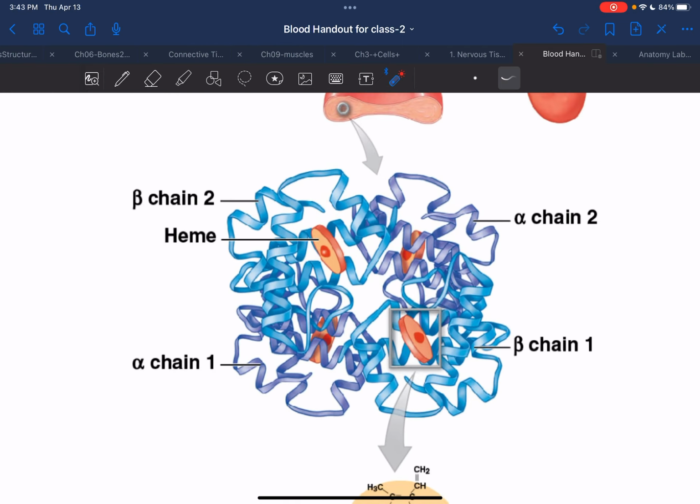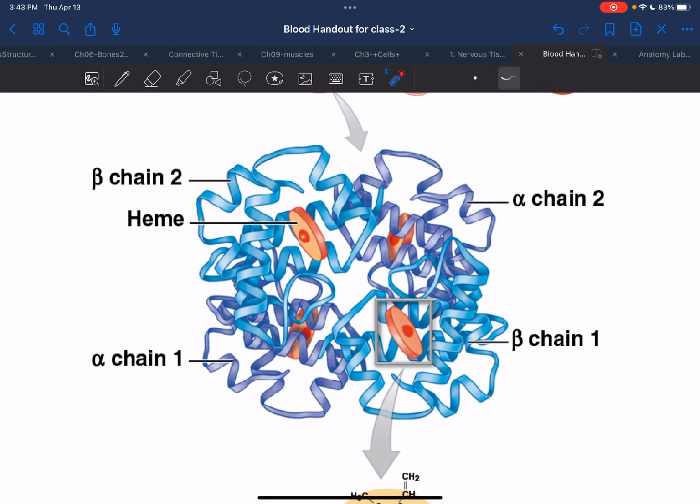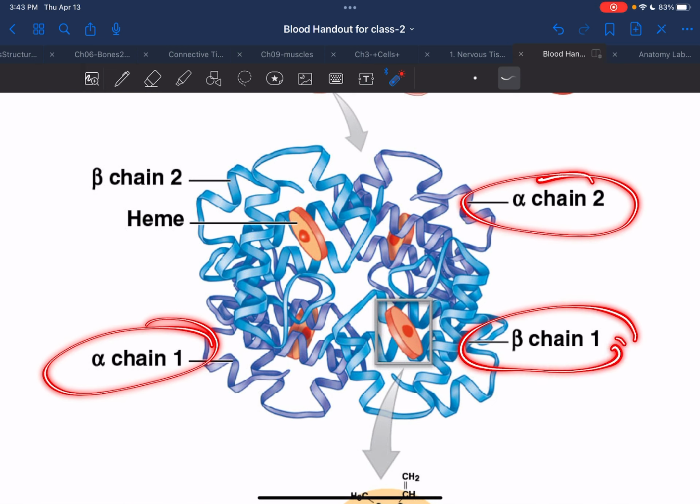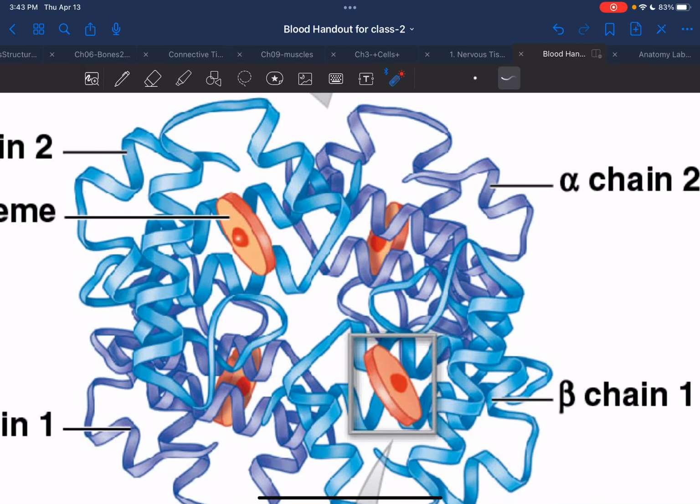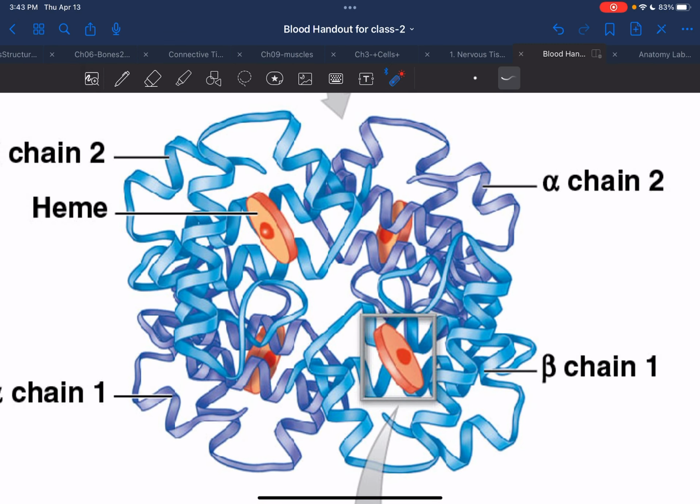If we examine hemoglobin itself, remember that when we learned about protein structure, we had alpha chains and beta chains, and you have two alpha chains. You can see chain 1, chain 2, and then we have a beta chain and a beta chain 2. These are amino acid sequences, all linked together by peptide bonds, making a protein, a carrier protein.